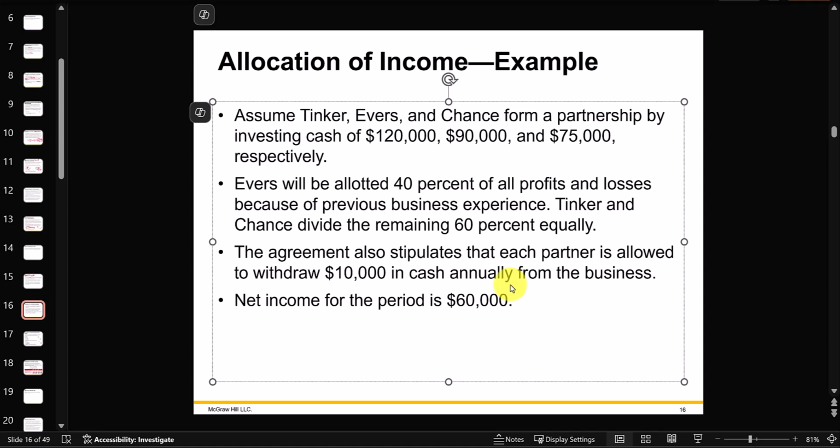Anyway, here it mentions that the partners also, each of them are going to take out 10,000. Again, drawings are not the same thing as income. There's 60,000 versus a total here of 30,000 taken out by the partners over the whole year. So let's take a look at the journal entry here to record the allocation of this 60,000.